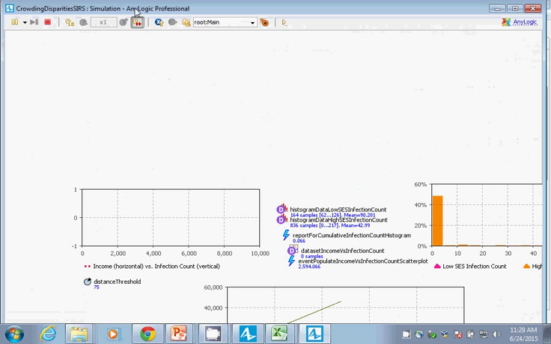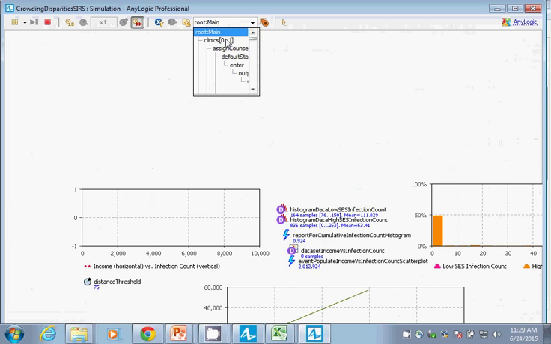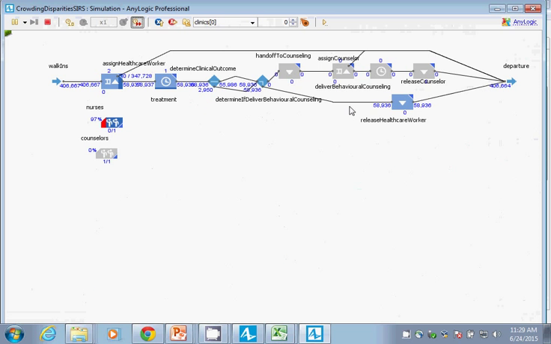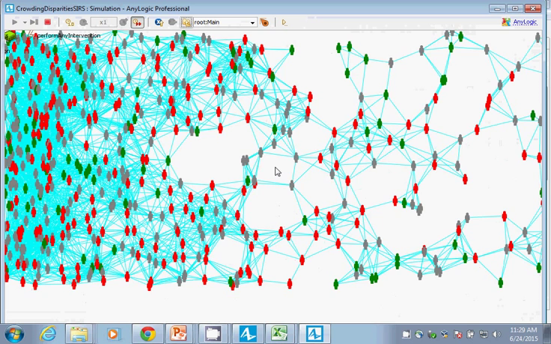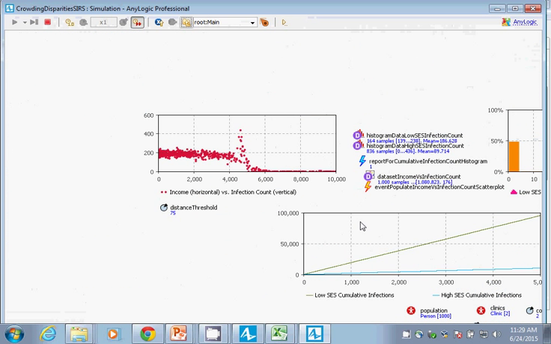So we run this out, and now we have clinic treatment going on. The individuals are flowing through these clinics, and some of them are being treated along the way. If we look at this graph, we'll find that it's changed a little bit. This association has been modified by that intervention.